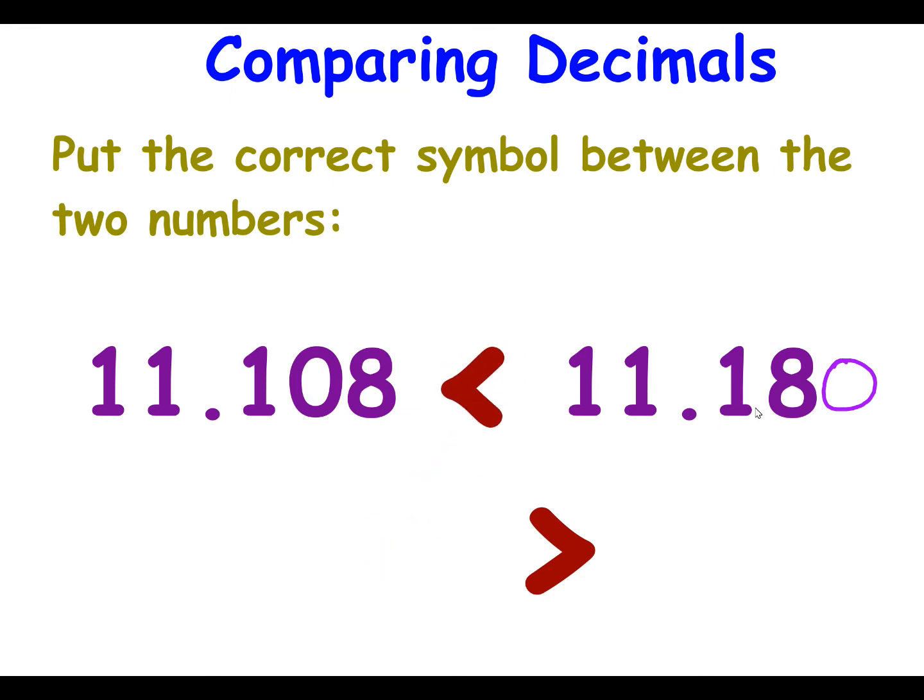So 11.180, the bigger end on our symbol is this end, is greater than 11.108. So the way you compare decimals is to make the decimal places the same, and then that will give you a truer value. But don't forget to compare the whole numbers first. Don't become obsessed with just the decimals.